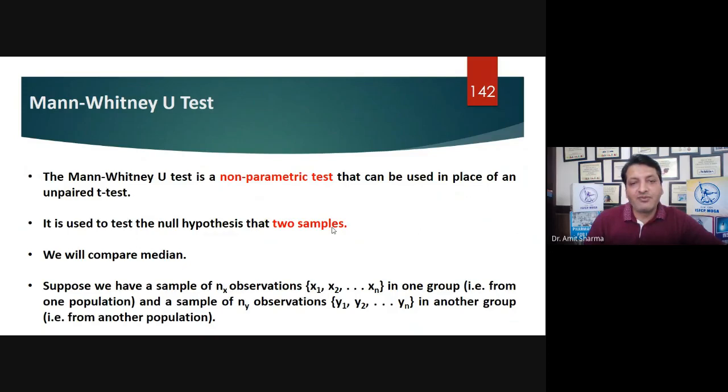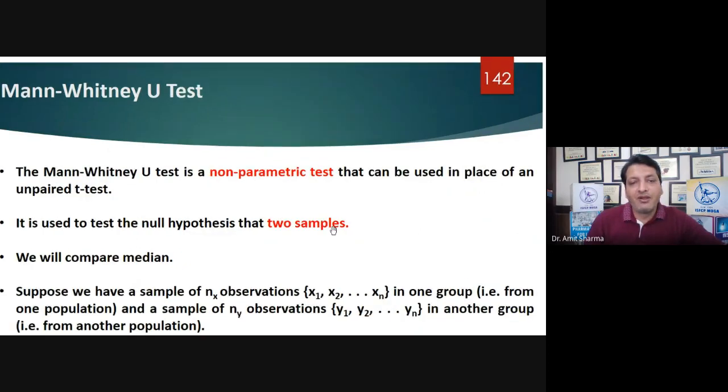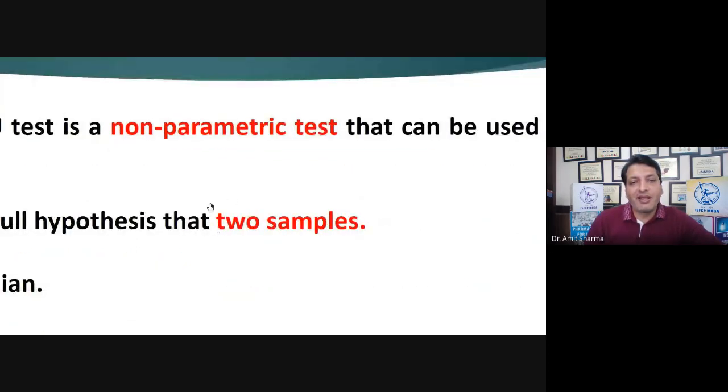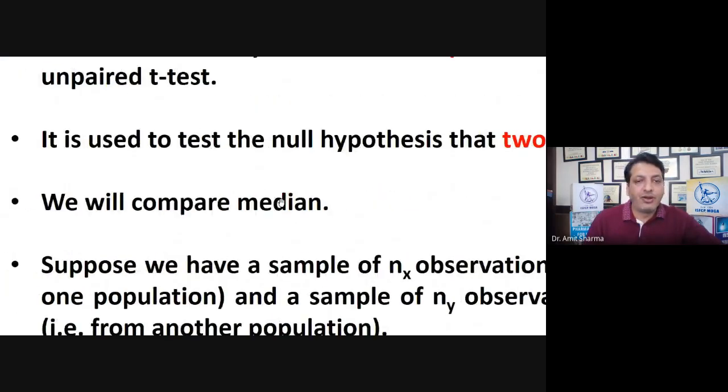One sample is our medical clinic, and the second sample is our surgical clinic, and we want to find out in which unit of the hospital the waiting time is more or less. Actually in this test, we are not comparing the mean, we are going to compare the median time in minutes.